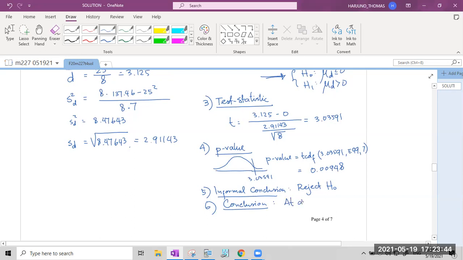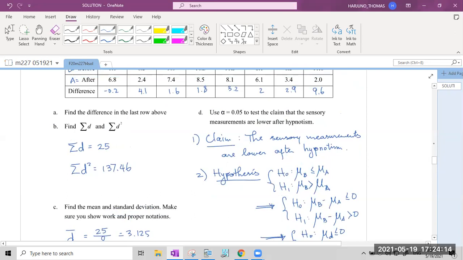At alpha equals 0.05, there is sufficient evidence to support the claim that the sensory measurements are lower after hypnotism.